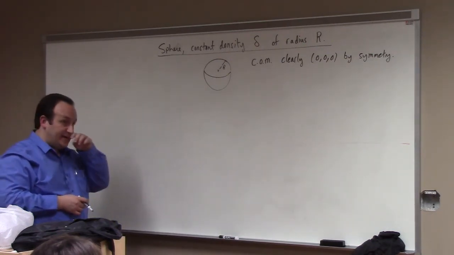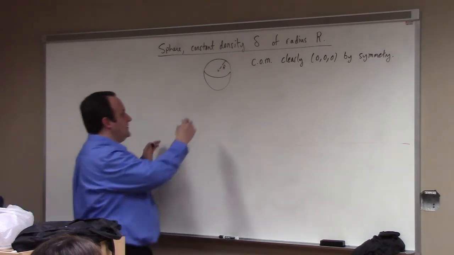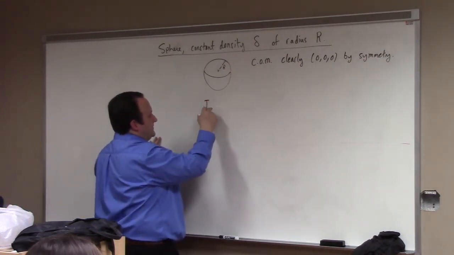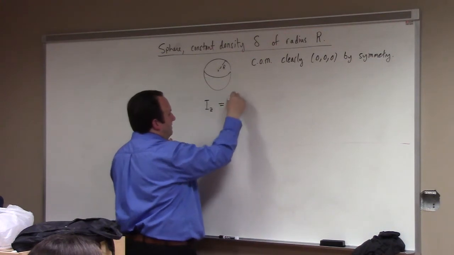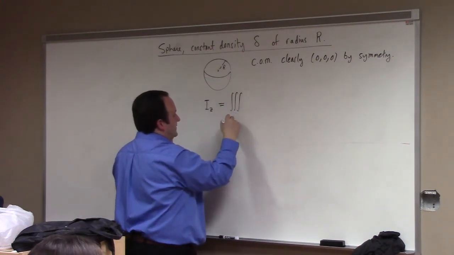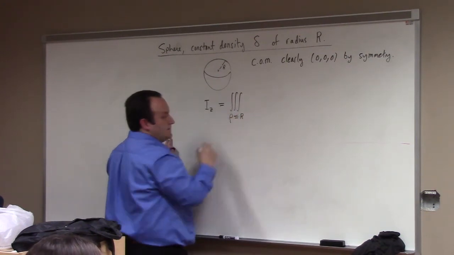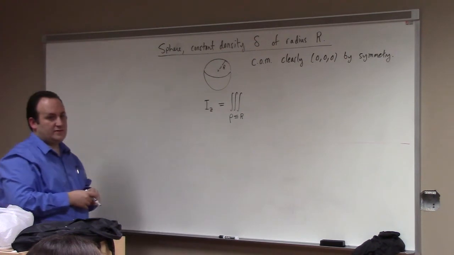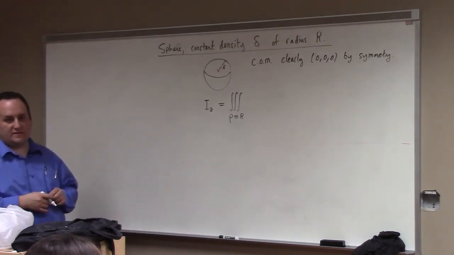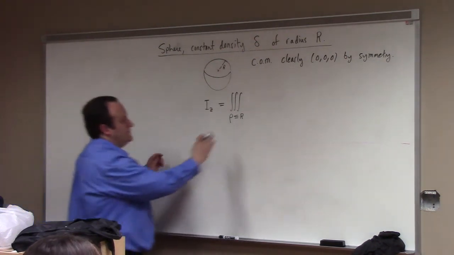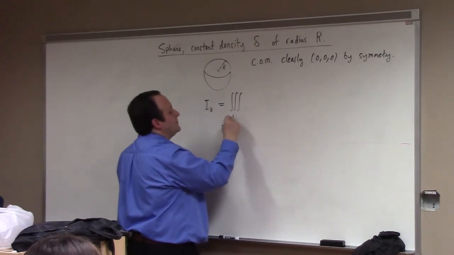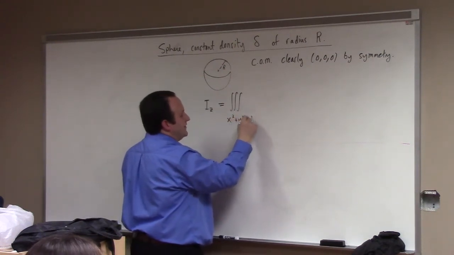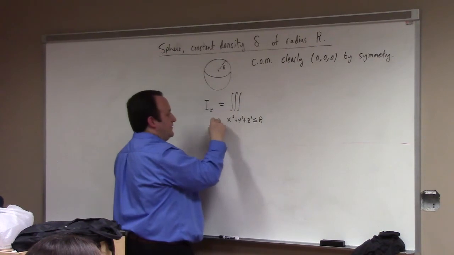Okay, but the moment of inertia is interesting. We can still calculate that here, and let's do that. All right, so moment of inertia about the z-axis should be the triple integral over the sphere, right? So the sphere is really what? It's the spherical radius less than or equal to r. If I wanted to describe the sphere succinctly, I could say x squared plus y squared plus z squared less than or equal to r and greater than or equal to 0.